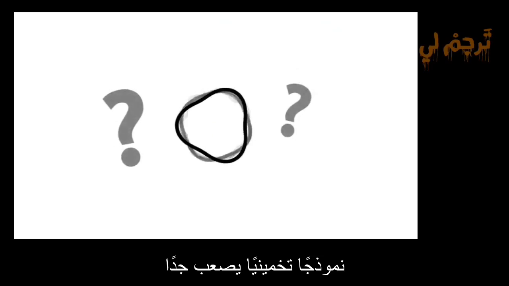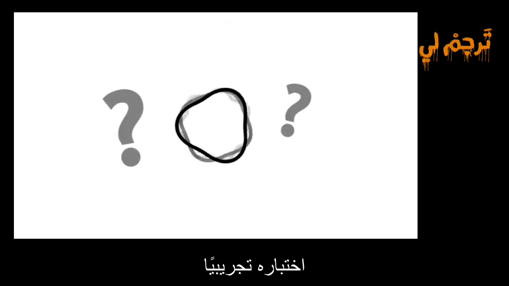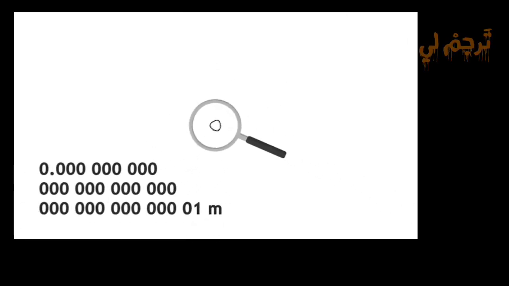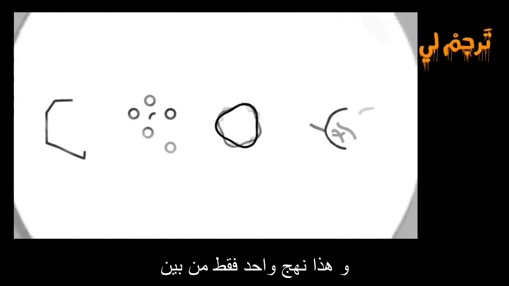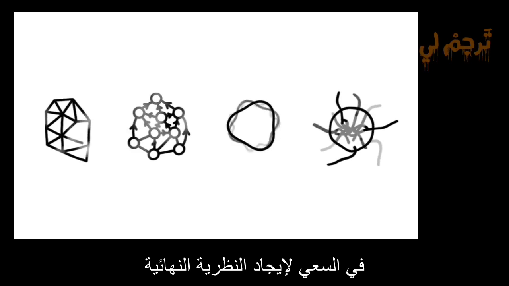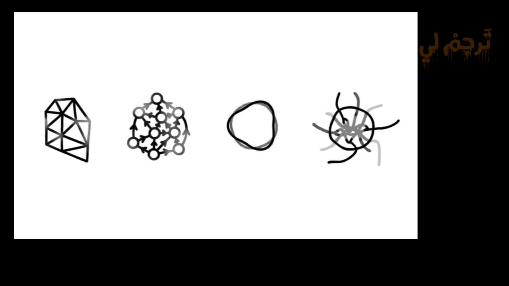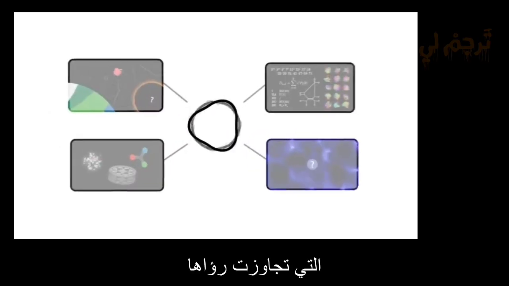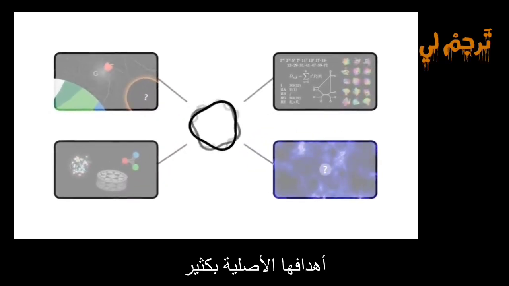To conclude, string theory remains to this day a speculative model, very difficult to test experimentally since the strings would be incredibly tiny, and which is only one approach among many others in the quest of finding the ultimate theory. However, it is still one of the most promising models, whose insights have far exceeded its original goals.